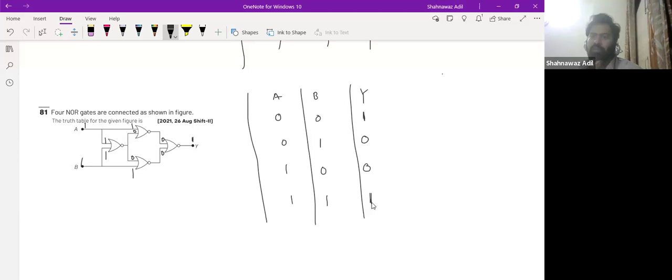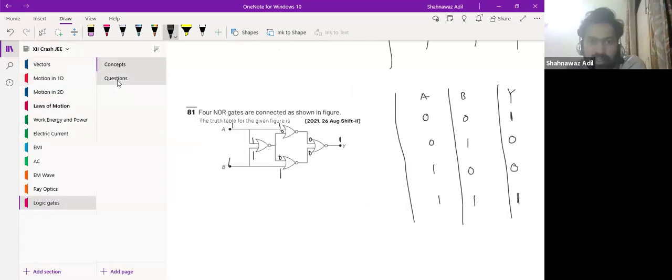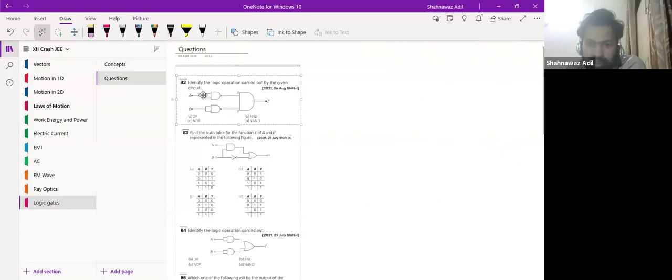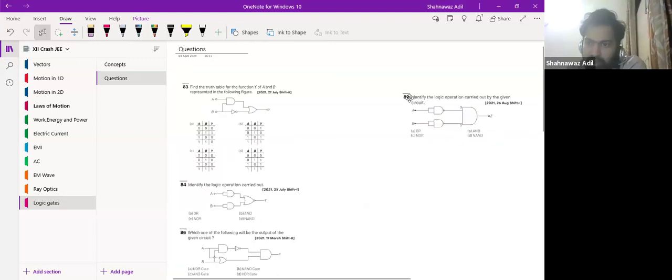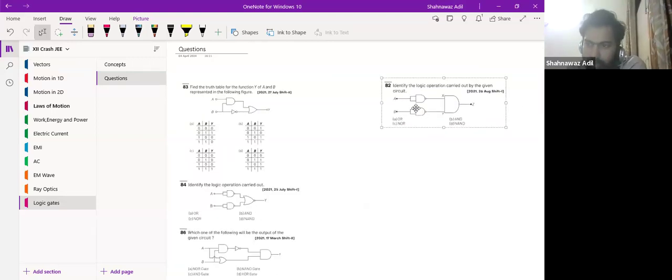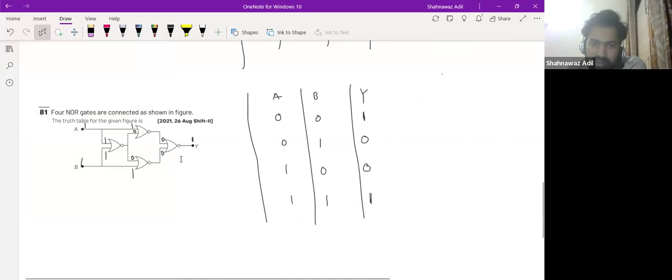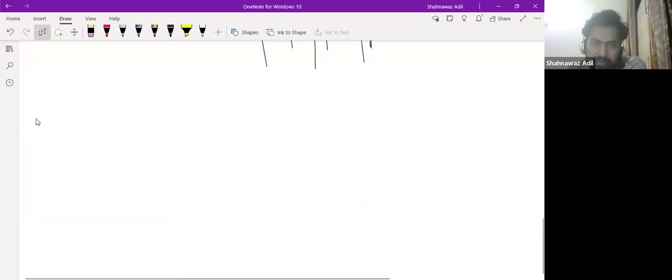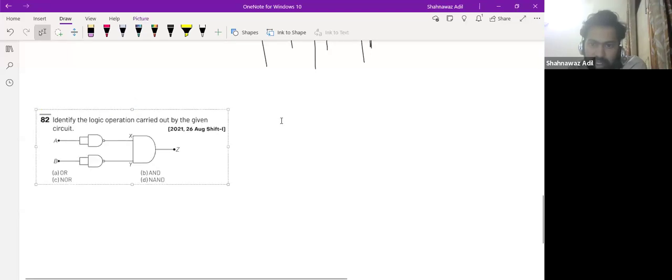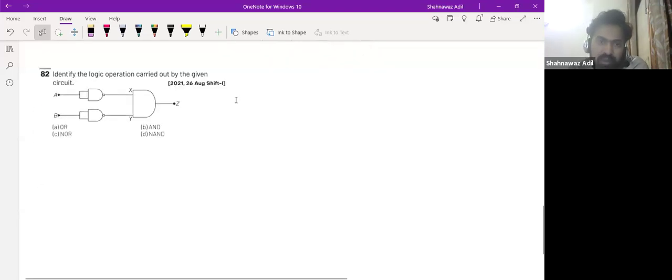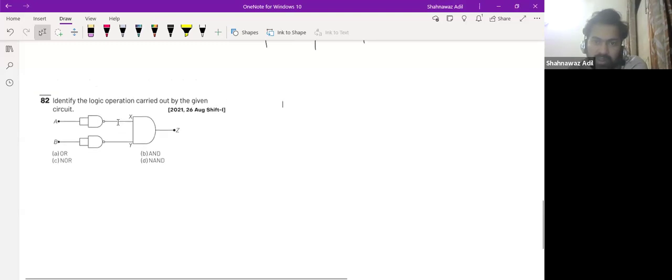Good. So now let's do another question, and this one would be using Boolean algebra. So this is nothing but A and then A bar.